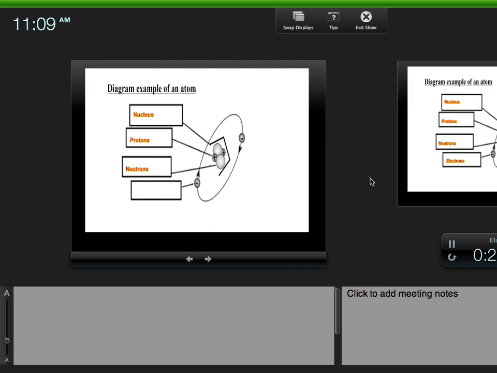Now, before we move on, your protons have a specific mass per se. That would be considered the what? The atomic number. Now, remember, your nucleus is made up of your protons and your neutrons. Your nucleus is also considered your atomic mass.